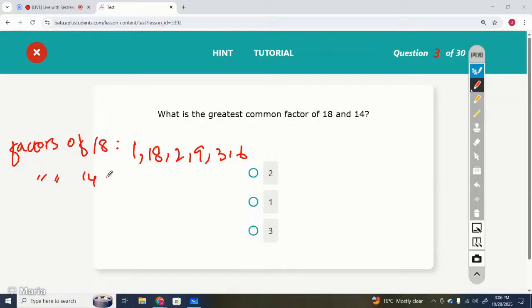Now write down the factors of 14. 1 times 14 is 14. Basically, when you multiply these numbers, they make 14, right? And then 2 times 7 is 14. Look at the greatest common factor.